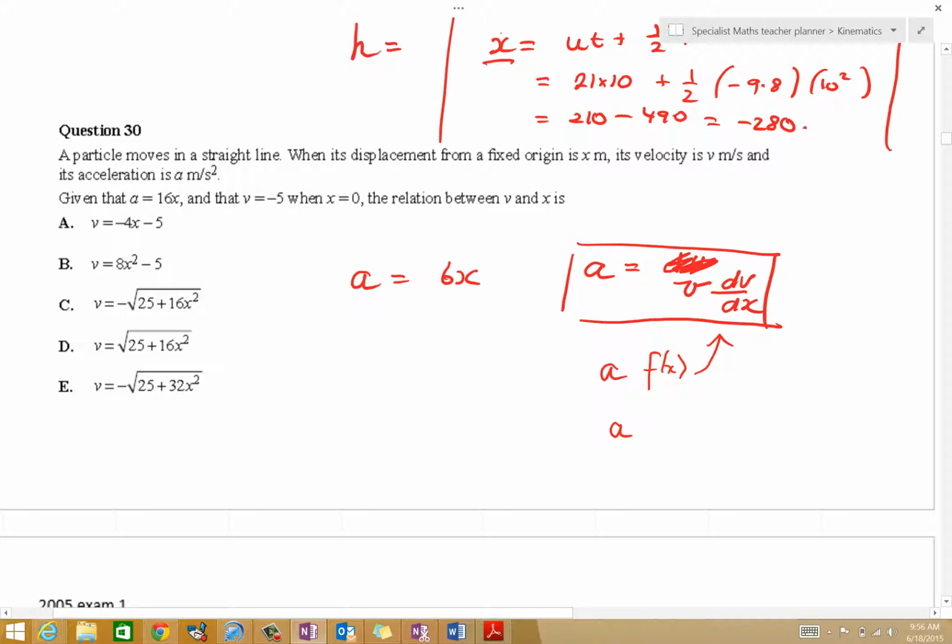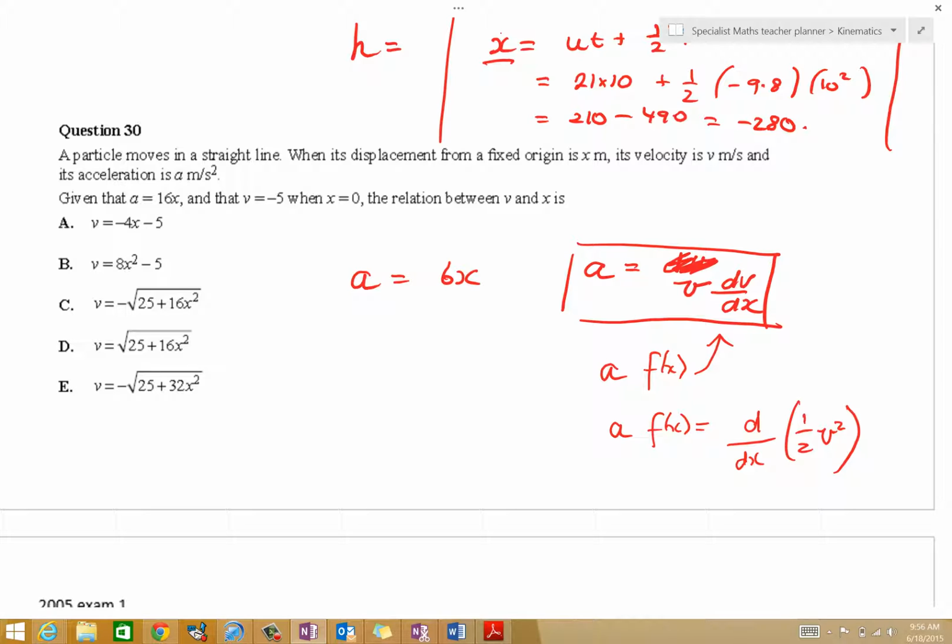Generally speaking, if a is a function of x, then a lot of the time we can use, what's the other one, Luke? D by dx of a half v squared. Okay? Now, I'll explain where that comes from later, because I'll confuse you too much if I introduce it now.